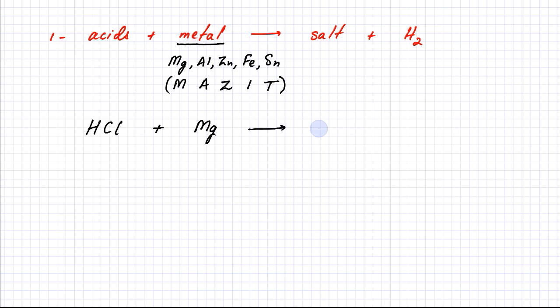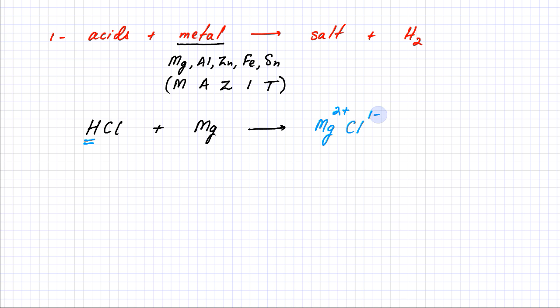A salt is produced when the H in the acid is substituted by the metal, here magnesium. Magnesium is in group 2, so it's going to have a charge of 2 plus. It takes the place of hydrogen. Cl is in group 7, so Cl has a charge of 1 minus.